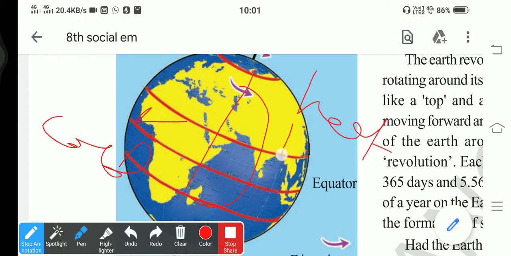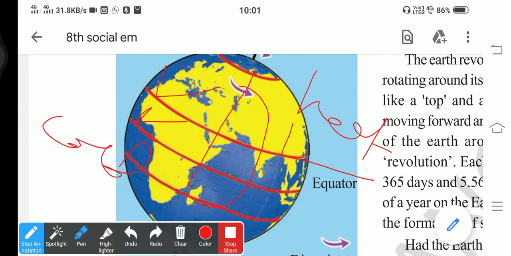It's too hot in this region, and the region towards our left-hand side is too cold. Both these situations, too hot and too cold, are not suitable for life. This is the reason.